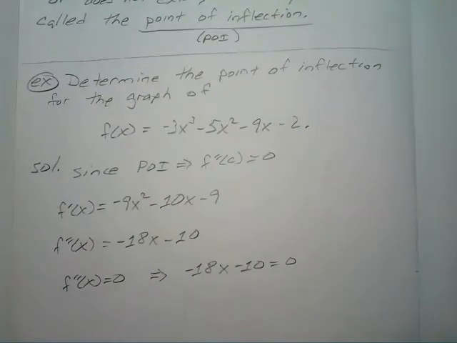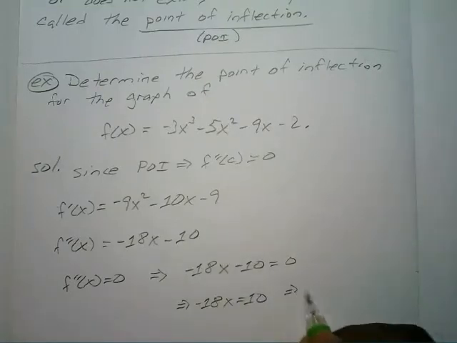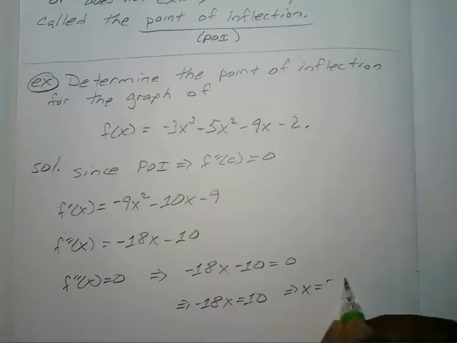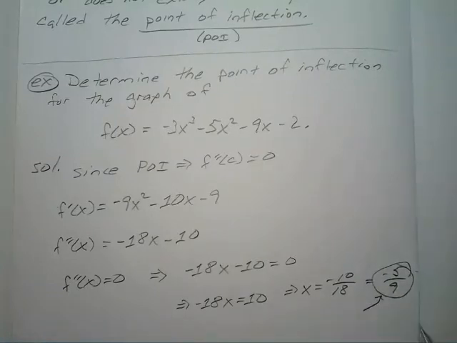Alright, so we go ahead and add 10 to both sides. Negative 18x equals 10. Divide both sides by negative 18. You have x equals negative 10 over 18, or negative 5 over 9. Okay, so this is our C for our point of inflection.